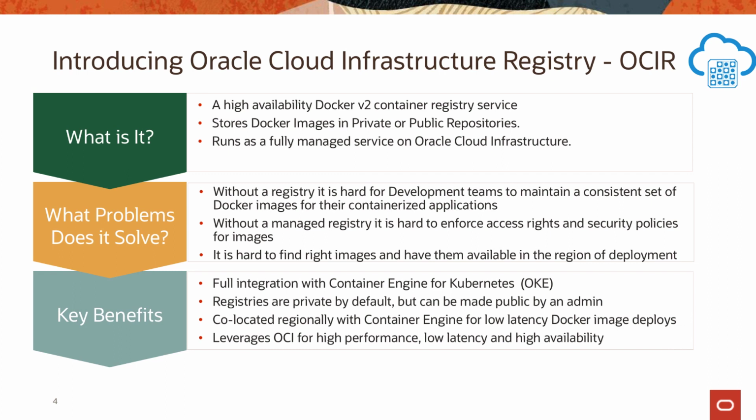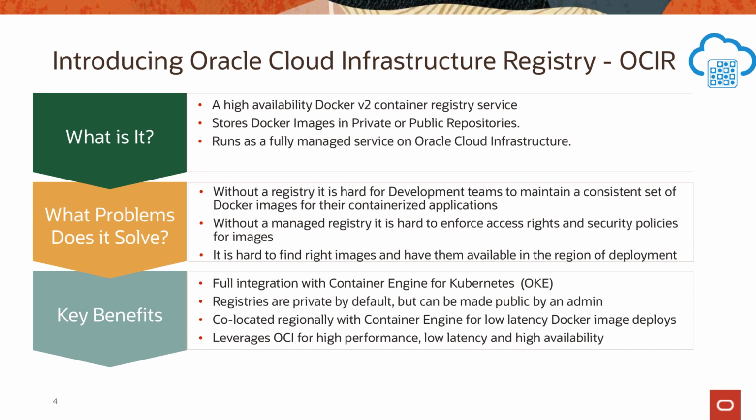There are certain requirements like how do you enforce access rights and security policies for your images so that those individual teams who only need access to certain images are given the access, and how do you create those granular policies to enforce that access for your teams. It's also difficult to have the right set of images available for your applications in the same region of deployment as your application is going to deploy.